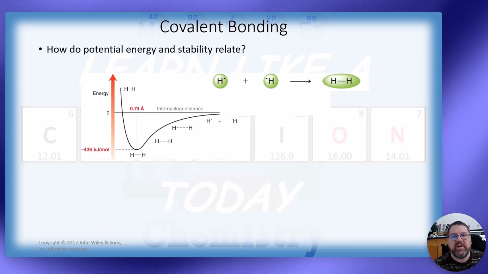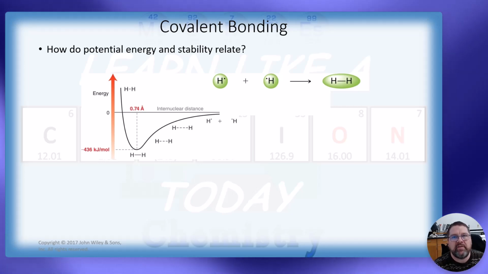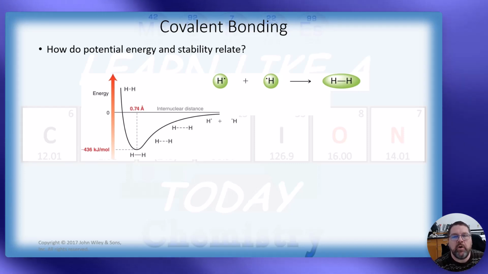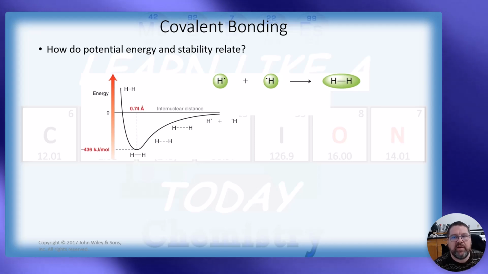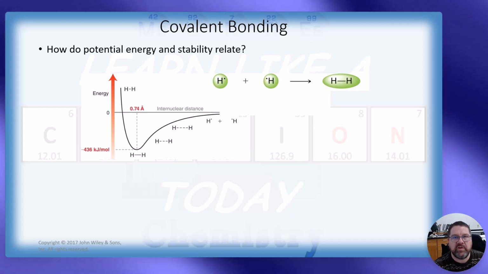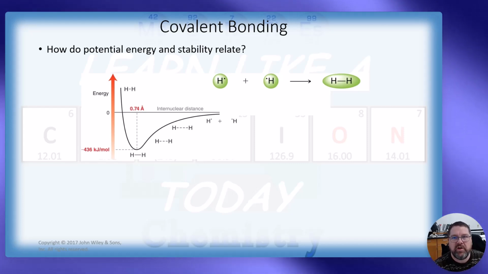And so, again, we think about that idea of stability. A bond is going to be most stable at the point where the repulsive forces and the attractive forces are in equilibrium with each other, essentially. And so, rather than thinking of a bond as a conventional ball and stick model where the bond itself seems rather rigid and fixed, your atoms are constantly fluctuating.